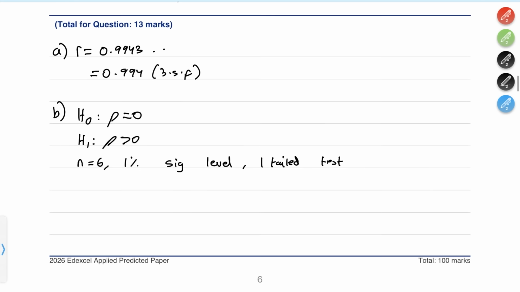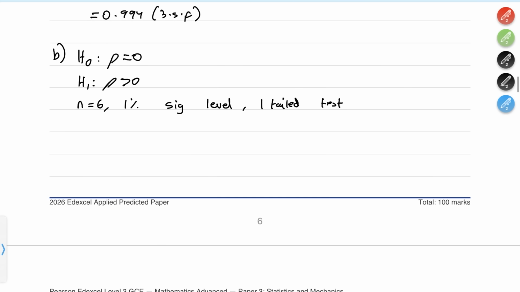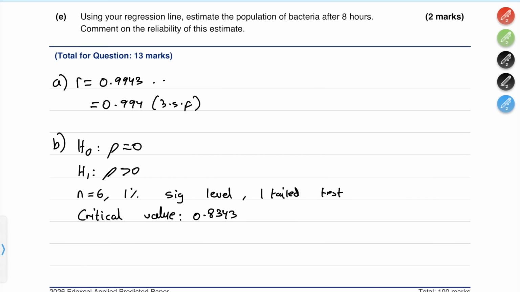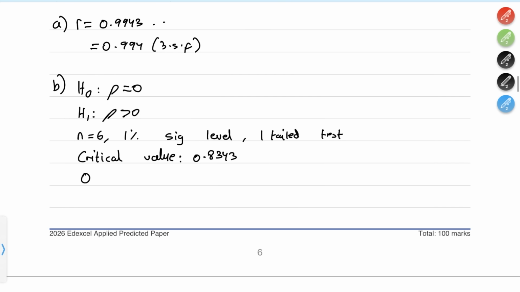So my critical value from the table is going to be 0.8343. Now, if we look at the value that we calculated in part A, this is clearly greater than this. So 0.994 is greater than 0.8343.